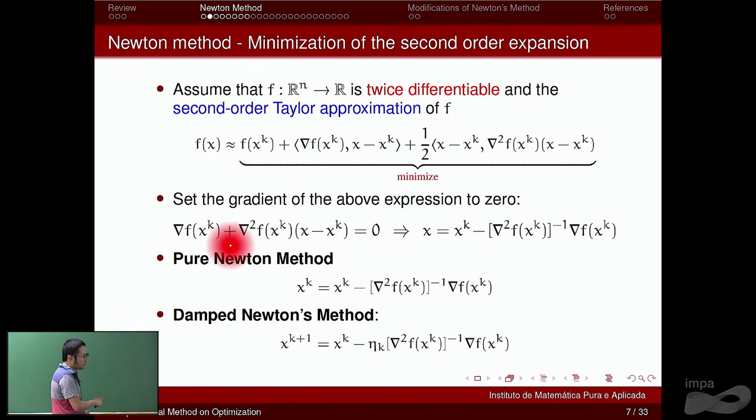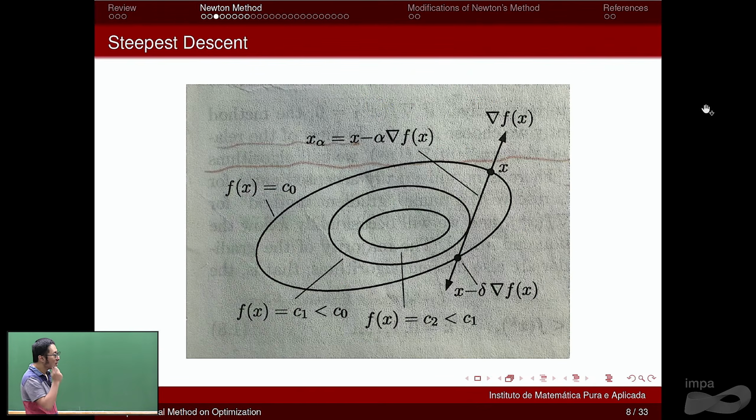It's a nonlinear equation. What you really need to do is solve this nonlinear equation. Remember it, we will mention it in later slides. So we need to solve this nonlinear system, then we get the pure Newton method. If we have a step size which does not equal 1, we have the damped Newton method.